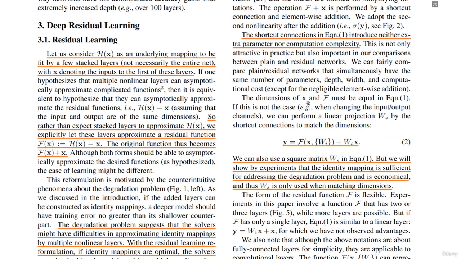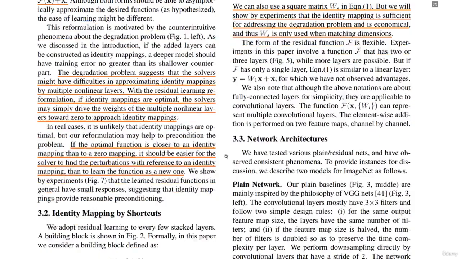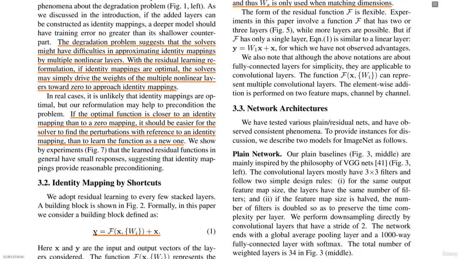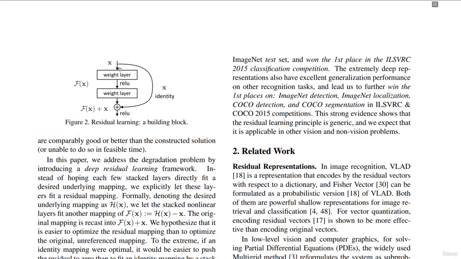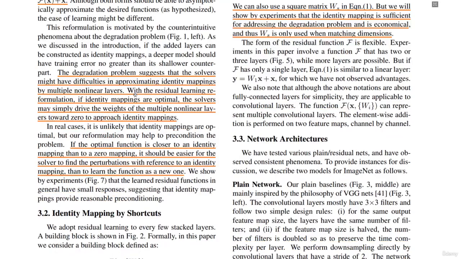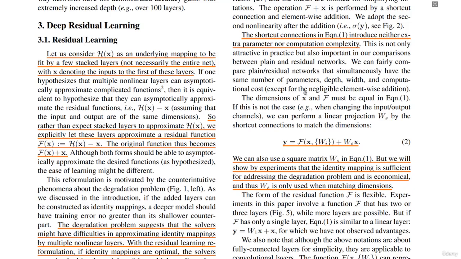Now, the dimensions of x and f must be equal in equation 1. This is equation 1, which is y equals f of x and wi plus x, where f of x and wi is what we get after passing x through these two layers, and then x is gotten from this. So this is equation 1, and the dimensions of x and f must be equal.